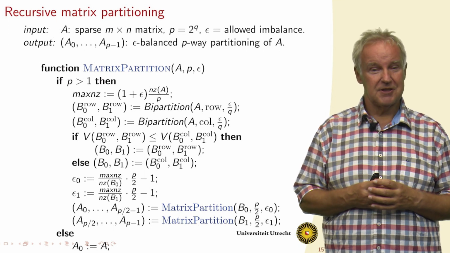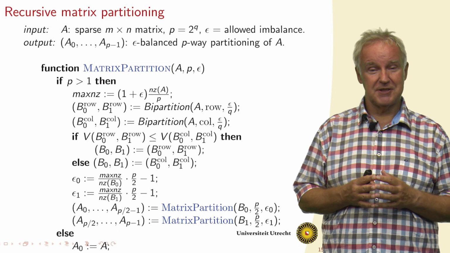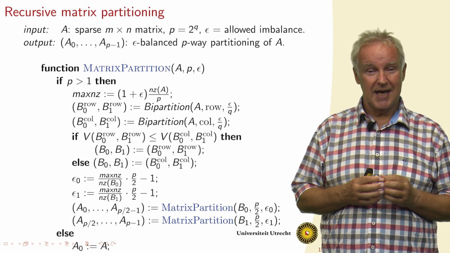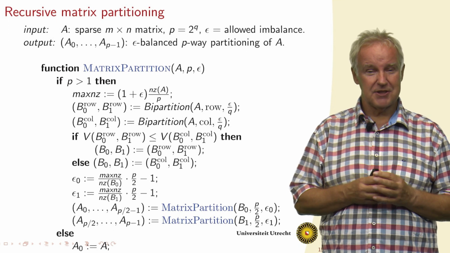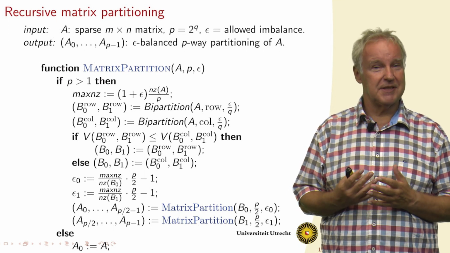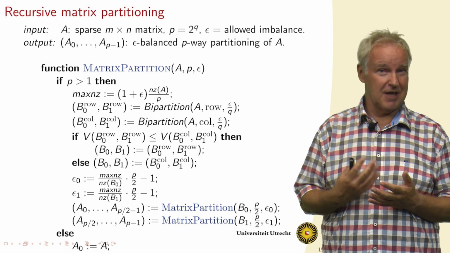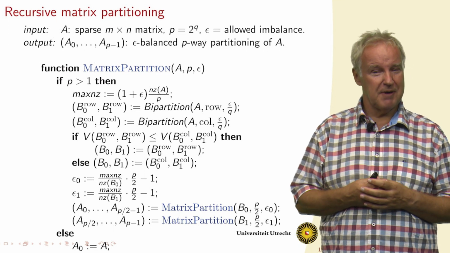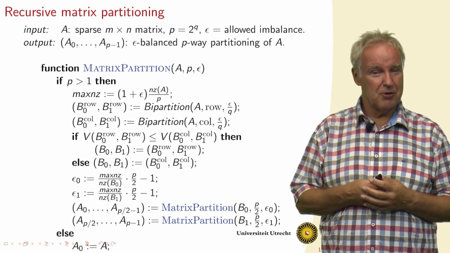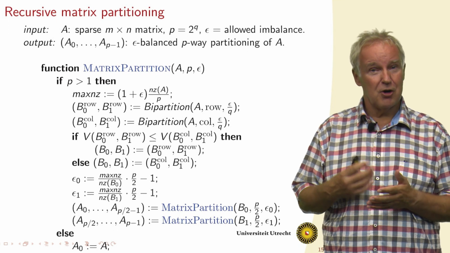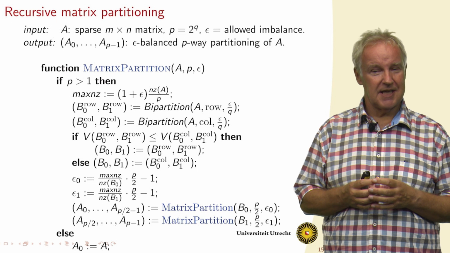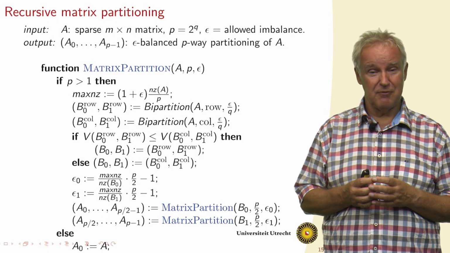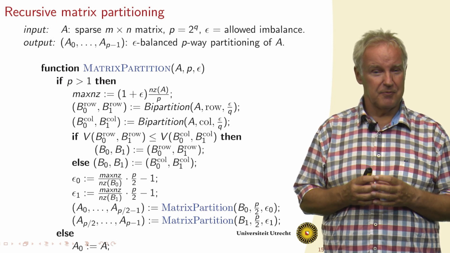But otherwise, we're going to split the matrix into 2 parts. We split this by using a bipartitioner. Later I'll talk about how we do that. But we cut the matrix by row or by column. And we use then this delta equal to epsilon divided by q. That way we are on track.